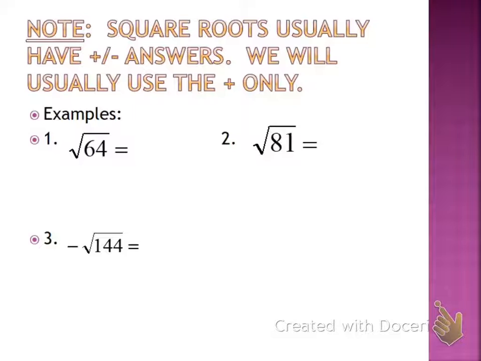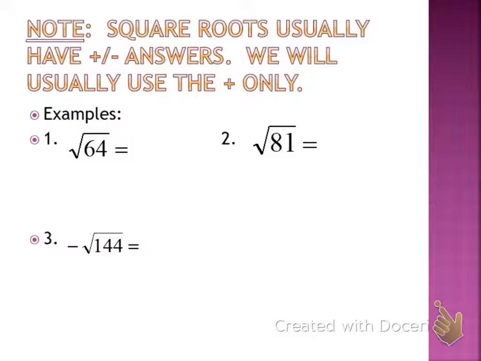Square roots usually have positive and negative answers. We will usually use the positive answer only. The only case when we are going to use the negative answer on these is if the problem tells us to, like on number 3. There is a negative sign out in front of it.